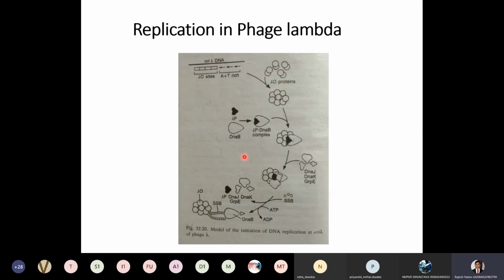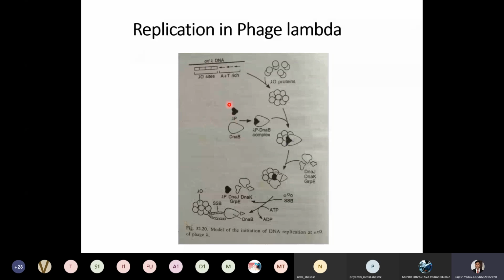Then the second step: in the bacteria, the proteins that came were DNA B protein and DNA C protein. And in the virus, two proteins also come: DNA B protein, and in place of DNA C protein, a protein called lambda P protein. So lambda P protein plus DNA B protein both come and bind, with the same function as in the bacteria, where the C protein recognizes the AT-rich region.